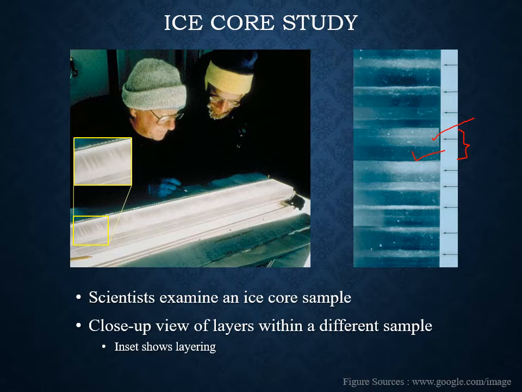So you can see that on a yearly scale resolution, we can get the ice core record. Together, one light colored band and one dark colored band indicate a year around precipitation of snow.